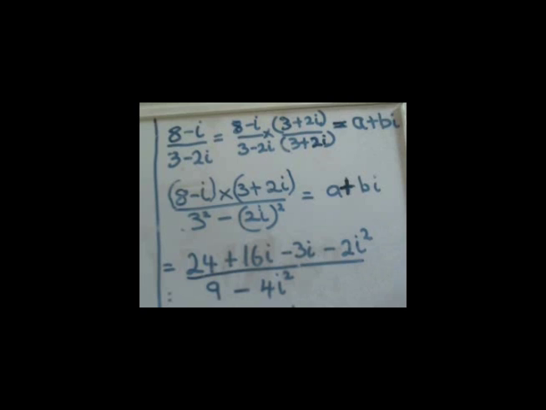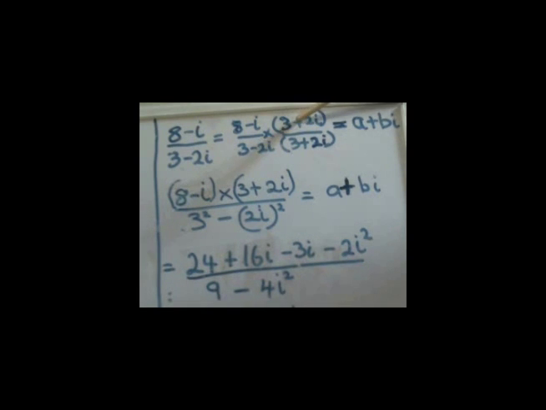So what we have done here is, for this expression, we say let's multiply it by 3 plus 2i divided by 3 plus 2i. We introduce this because it is the conjugate term of the denominator. So we want to apply the conjugate theory here to help us resolve this problem.